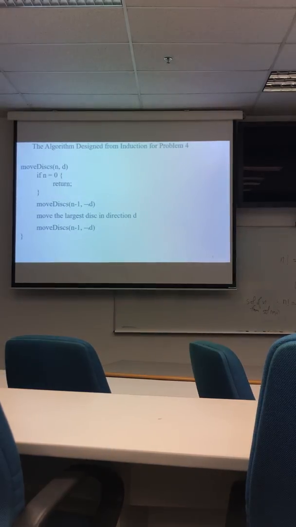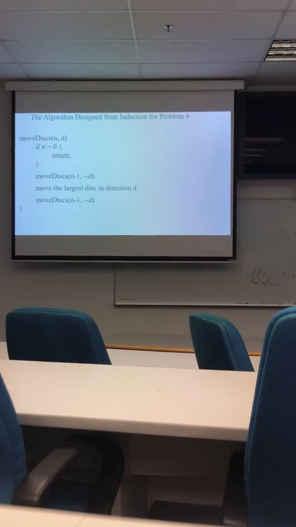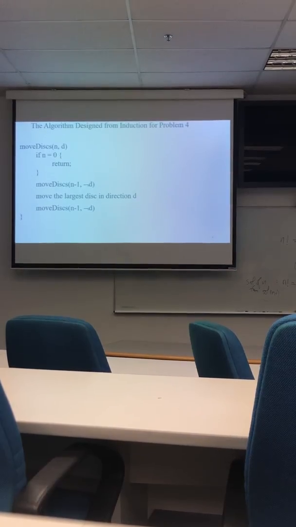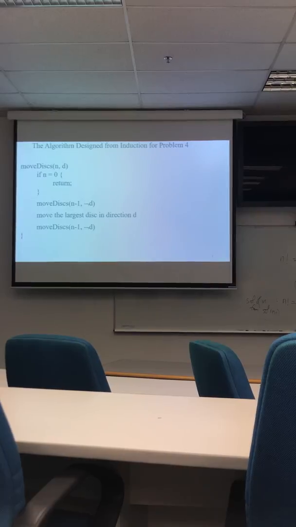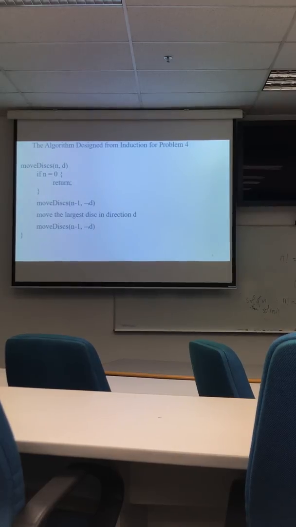But remember that if we have k plus 1 disks, we always have to move k disks in direction not d, right? Then after that, we move the largest disk in direction d. Then after that, we move the k disks in direction not d again. We always have to do this, right? So this is in fact the description of the inductive step.